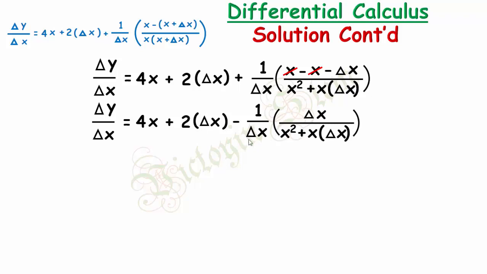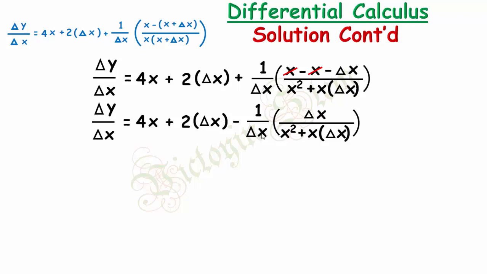So delta x is at the denominator end of this fraction, and delta x is at the numerator end of this fraction. So since this fraction is multiplying this bracket, I can easily cancel out the numerator end of this fraction divided by the denominator end.